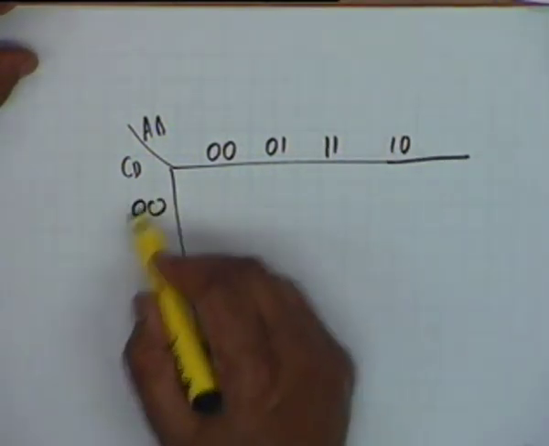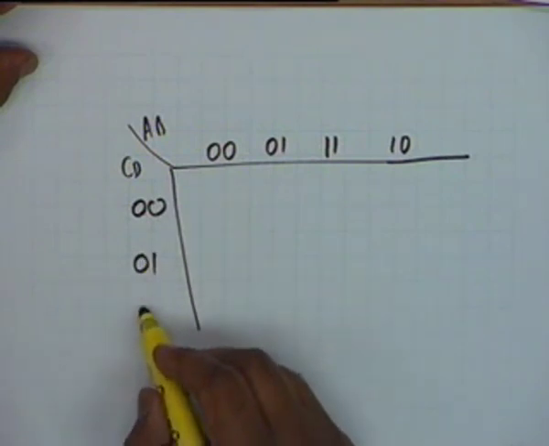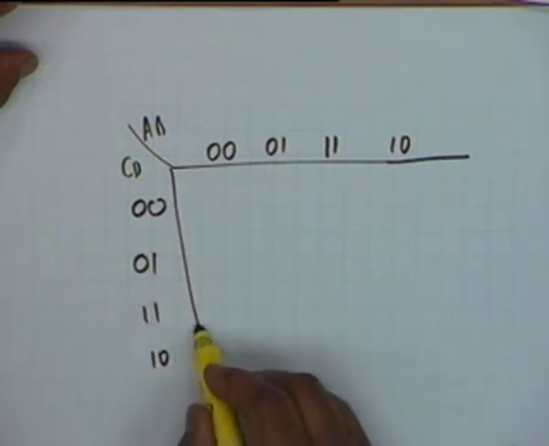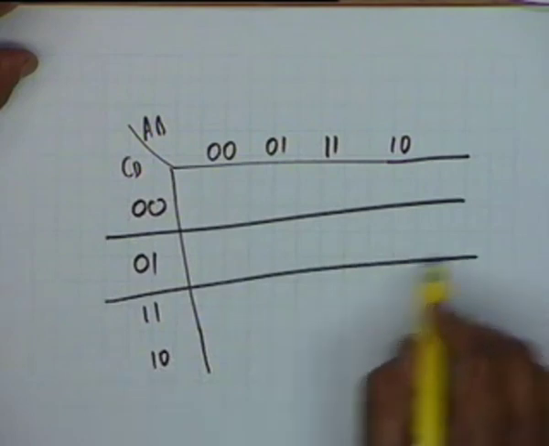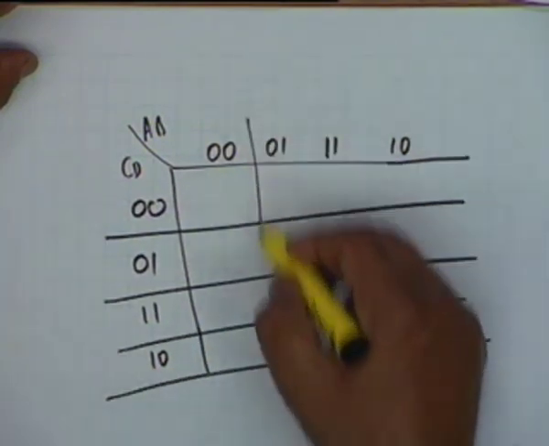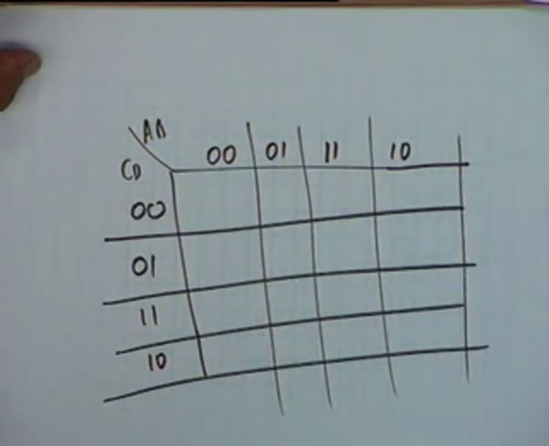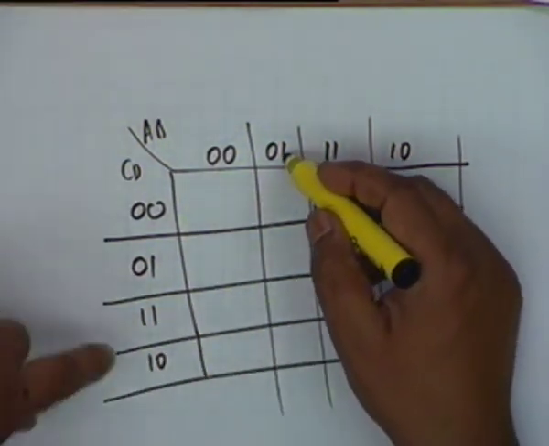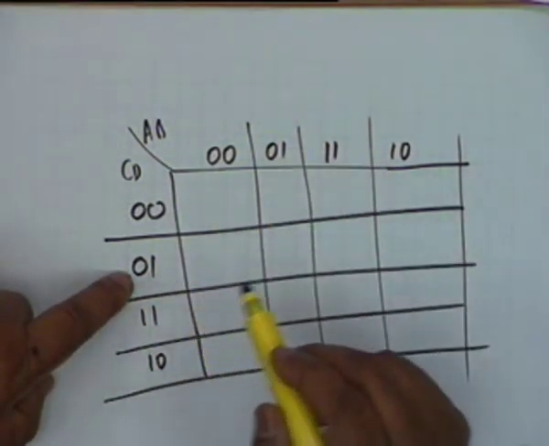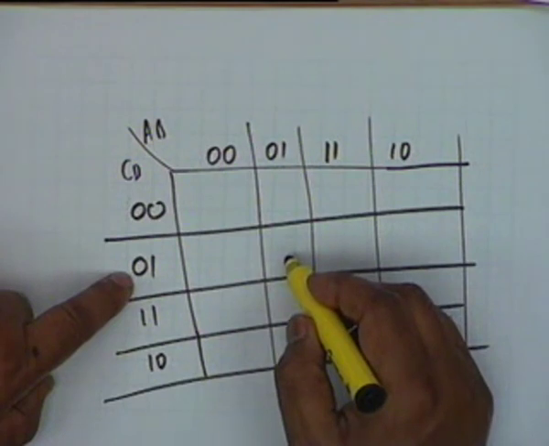In a similar manner, 0 0, 0 1, 1 1, 1 0, and you shall have, okay, how many positions? 1 2 3, 16 positions. And from the truth table, you find out which combinations are 1. For example, 0 1 0 1. Is it 1? If it is 1, then write 1 here.